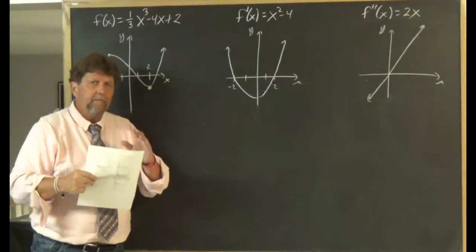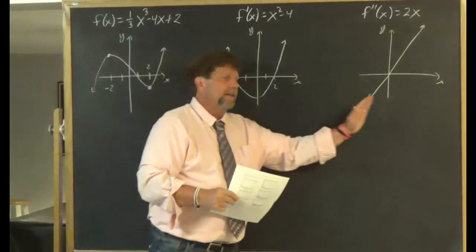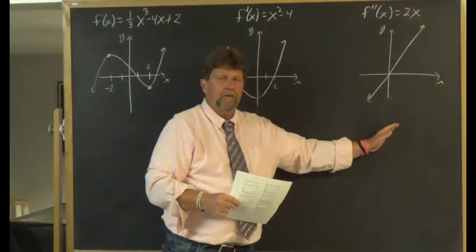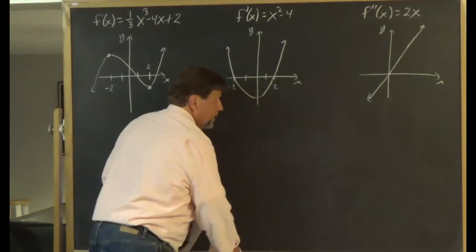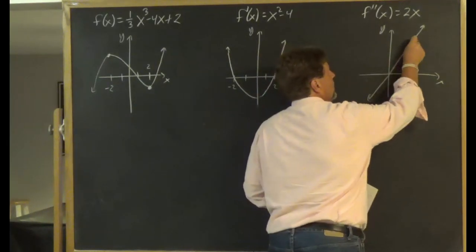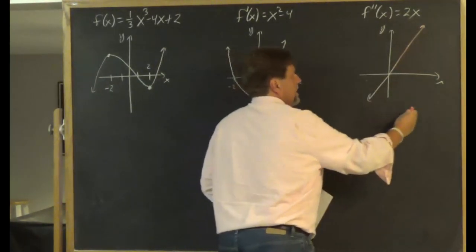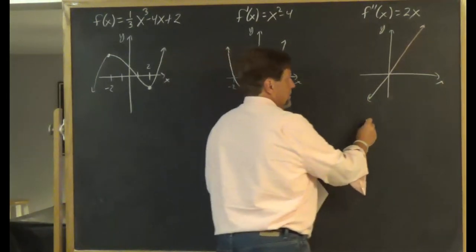That same relationship exists between the derivative and the second derivative. I mean, notice that the second derivative is positive on the interval 0 to infinity. Let me write that down.